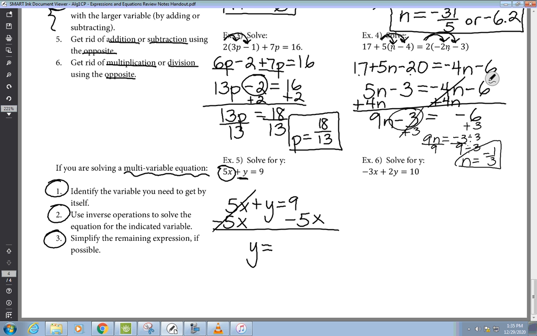Y equals 9 minus 5x, or negative 5x plus 9. Probably should get used to putting the variable first, because that's slope-intercept. So you might as well get used to start putting it first.